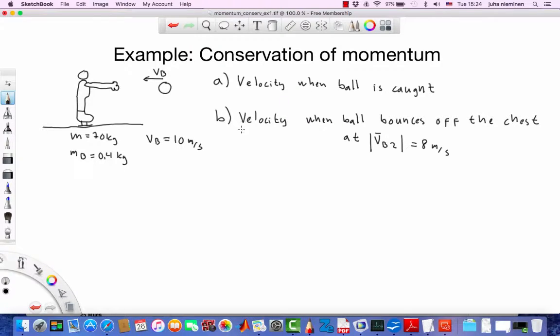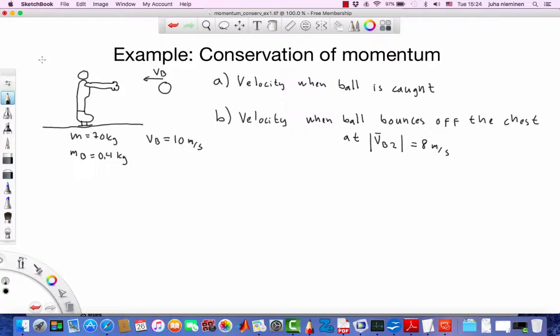In the second part, he doesn't catch the ball, but instead the ball bounces off the chest at a velocity of 8 meters per second. What is the velocity of the person in that case? We have some parameters here: masses of both objects and the velocity of the ball to begin with, 10 meters per second.